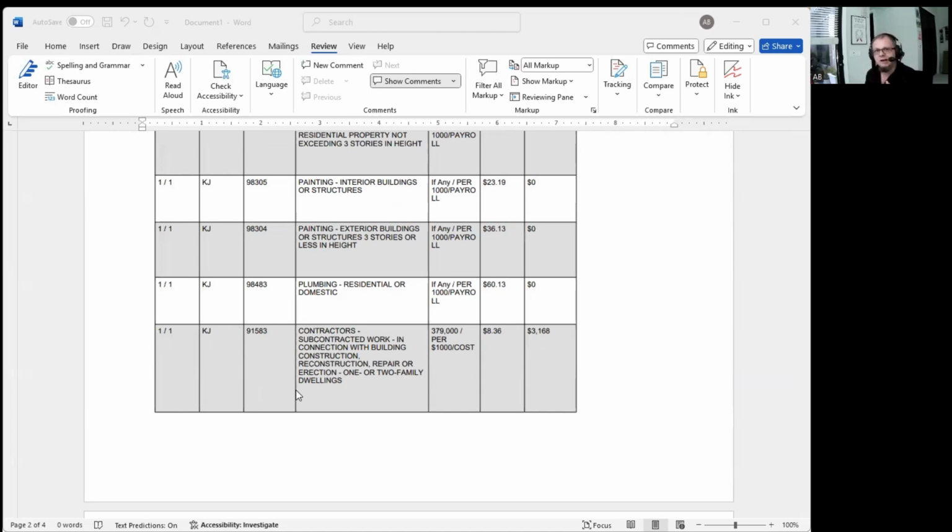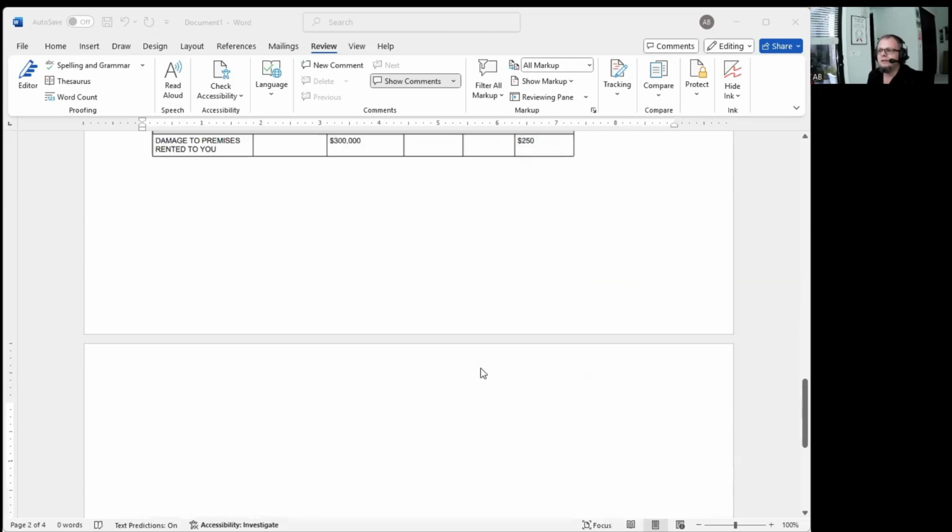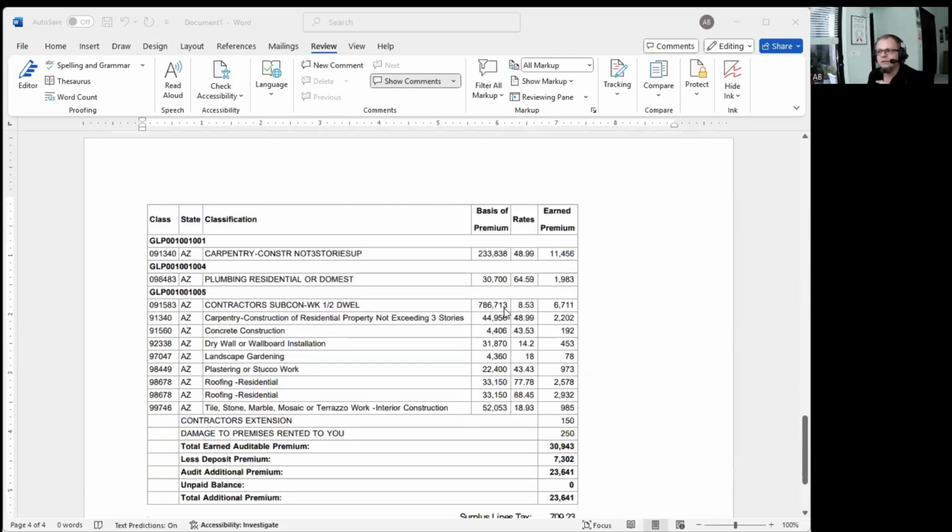Some policies deduct for subcontracted work because they can go after somebody else for the claim. This one happens to charge. So go back down here. Now we've got an additional $786,000, 787 almost, in subcontracted work. So now we've got $6,711 coming from that line item.